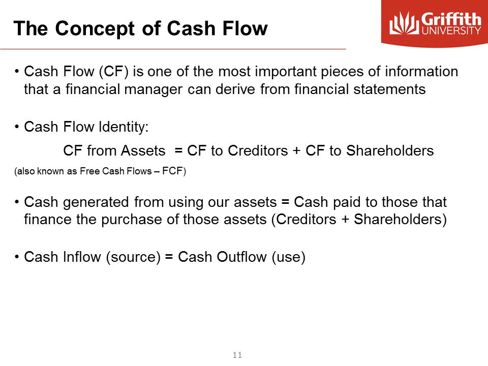Cash flow from assets is also known as free cash flows because it is the cash available to investors, the providers of capital. In other words, the cash that comes from using the company's assets is used to pay those that financed the assets, the creditors as we borrowed money to buy these assets, and the shareholders as they invested capital in the firm that we used to buy the asset with.